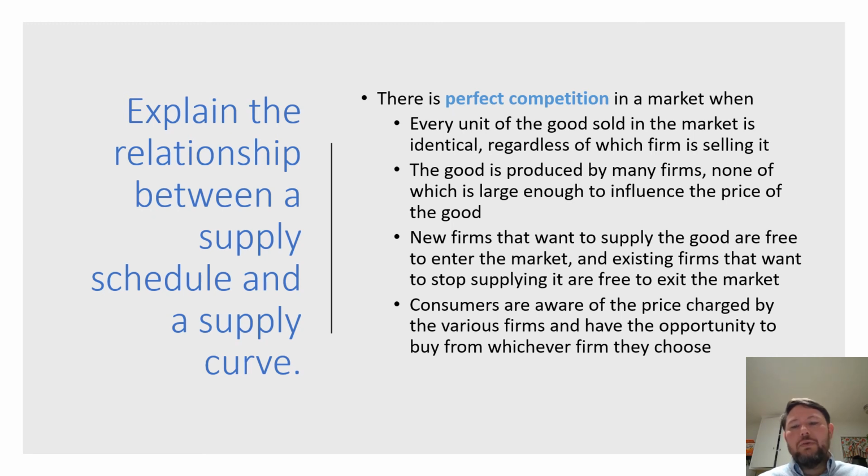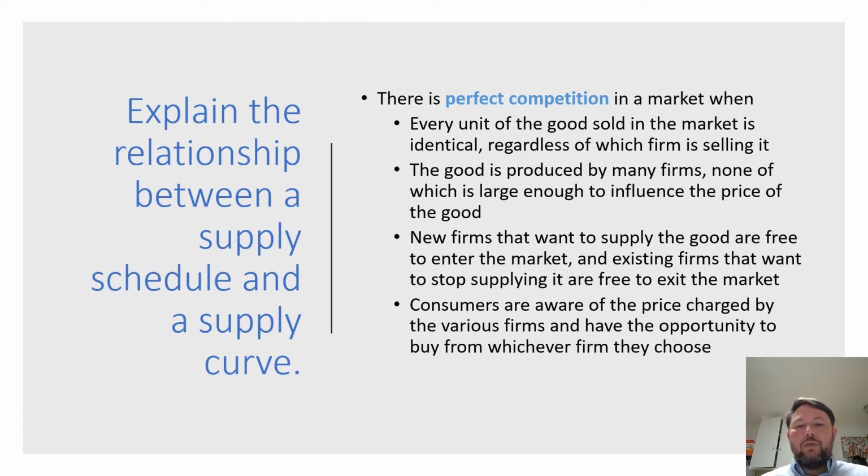I'm not talking about retail, I'm talking about manufacturing. That's a lot more difficult, probably because we need a lot more capital than we would need to start a small bakery. And then, of course, on the flip side, firms are free to exit the market and stop supplying without any barriers to the exit.